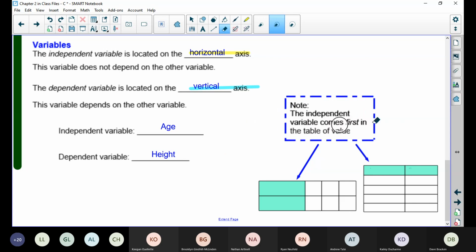And please note that the independent variable comes first in a table of values. Now, I know you don't have this on your notes, the two little tables, but you can just draw that in.